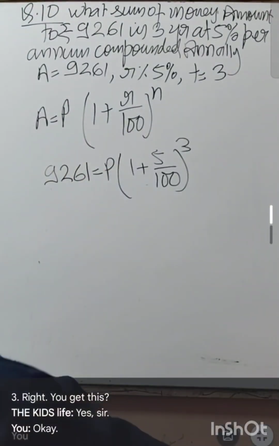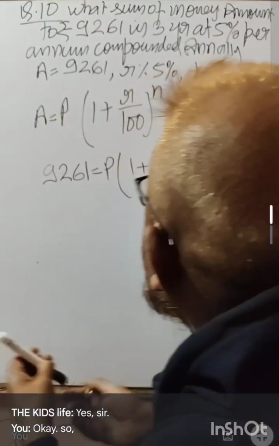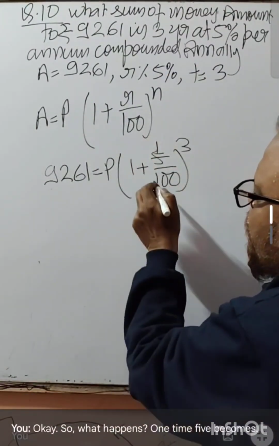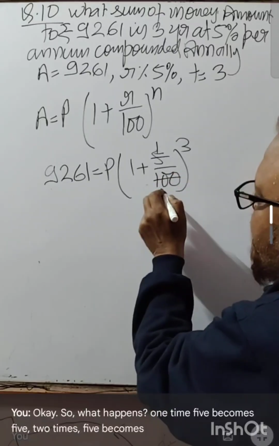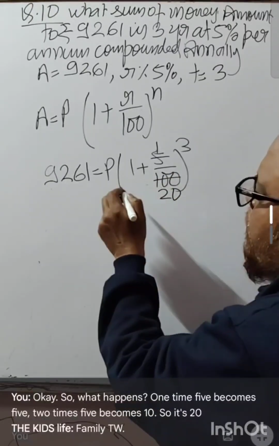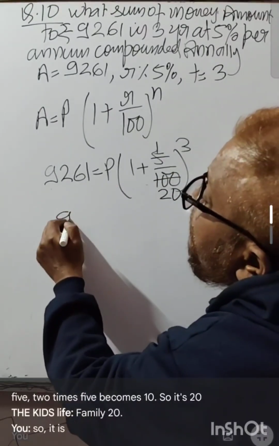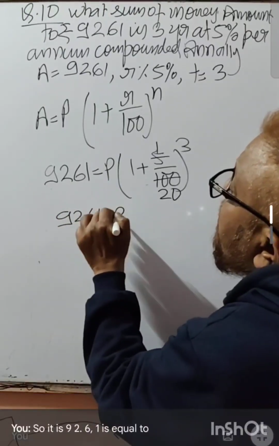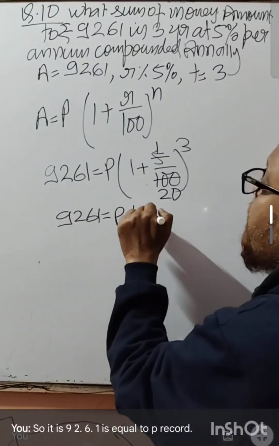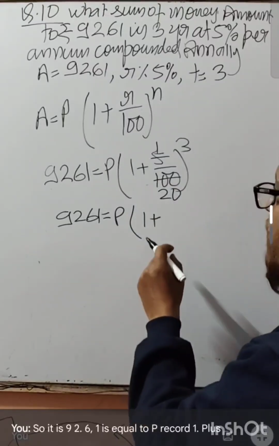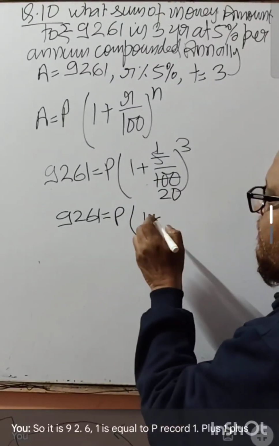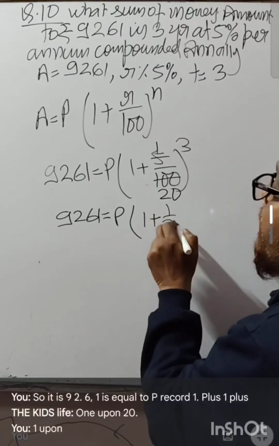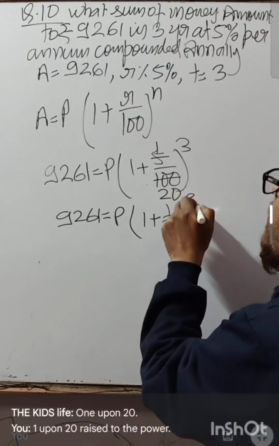So what happens? 1 times 5 becomes 5, 2 times 5 becomes 10, so it is 20. So 9,261 is equal to P bracket 1 plus 1 upon 20 raised to the power 3.